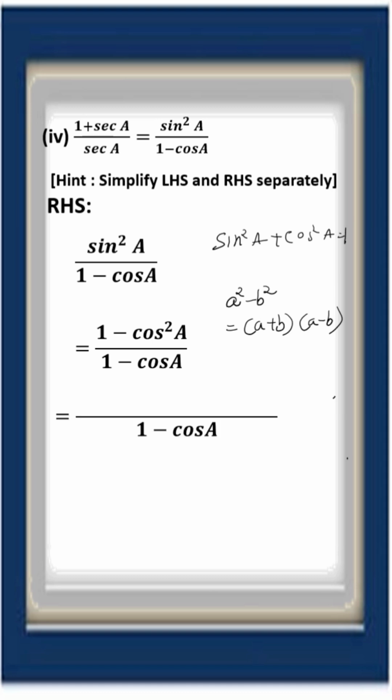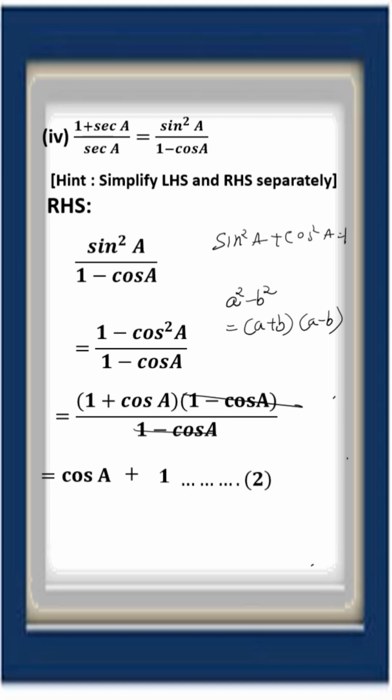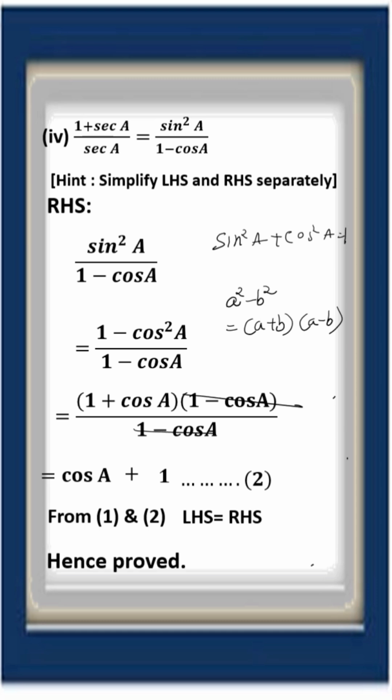Here 1 minus cos A in the numerator and denominator get cancelled. So now we have 1 plus cos A or cos A plus 1, both are same. Let this be equation number 2. From 1 and 2 we can say that LHS is equal to RHS, hence proved.